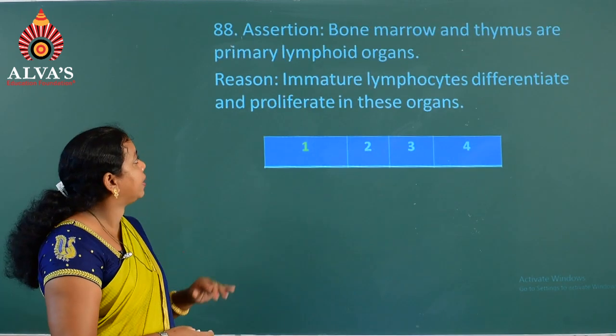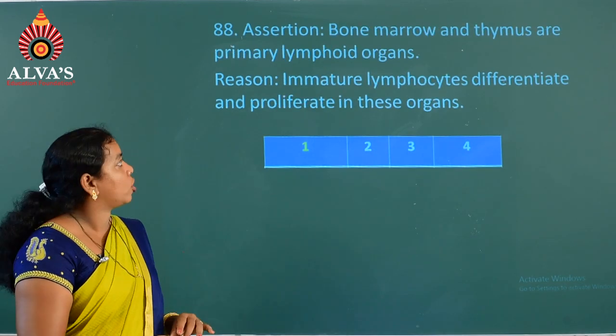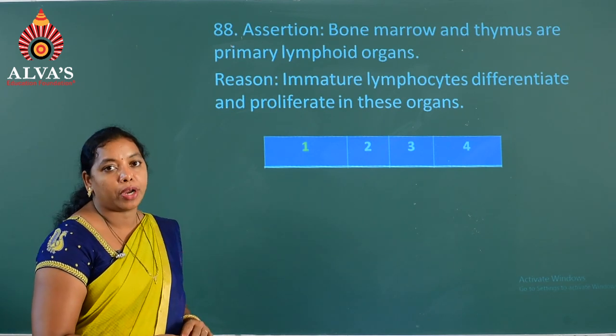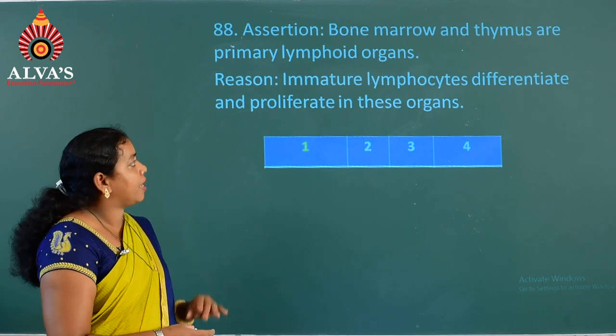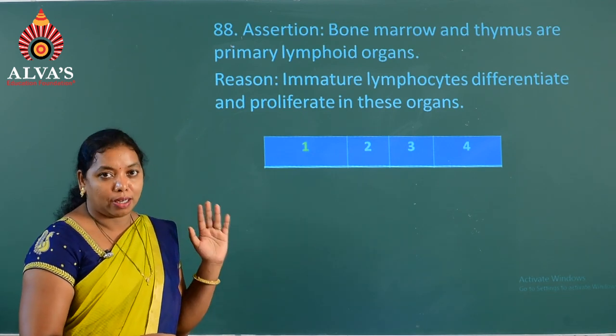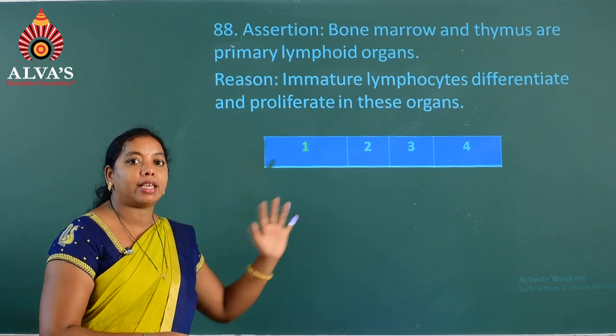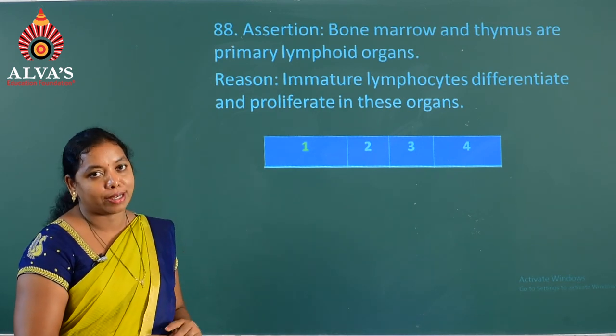Next, question number 88. Here the assertion is: bone marrow and thymus are primary lymphoid organs. The reason is: immature lymphocytes differentiate and proliferate in these sites, that is, in these organs.